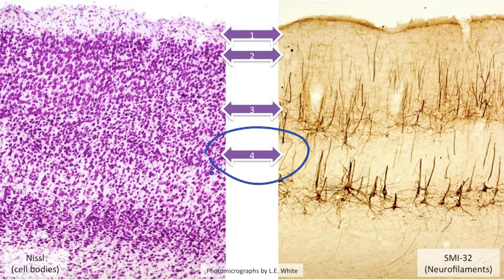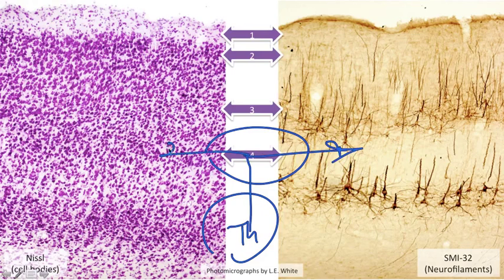So each of our sensory systems, for example, will have a region of the thalamus that sends its inputs into layer 4. So layer 4 is what we call the thalamic recipient zone. It's the first place that gets information from the thalamus that then cortical networks can operate upon.